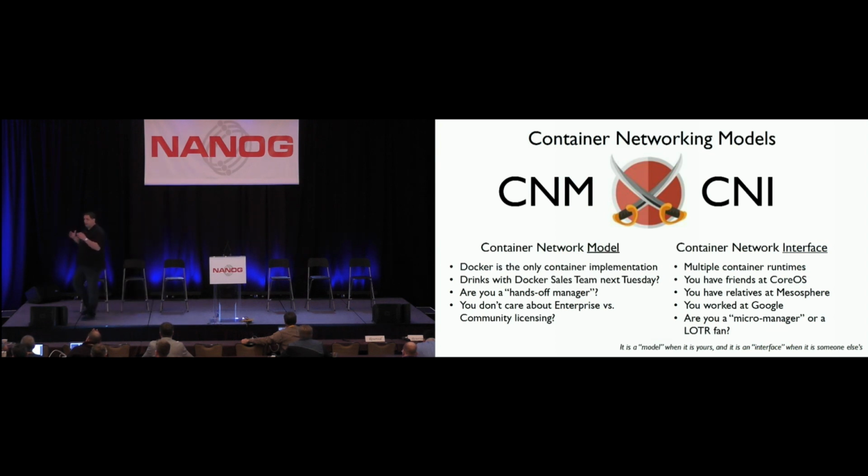So when I first looked at it and tried to understand the difference between CNM and CNI, I really thought it was some kind of war between two cultures. But there is a story behind it. And the story, in my interpretation, is that the container networking model would be used by companies that run strictly Docker.